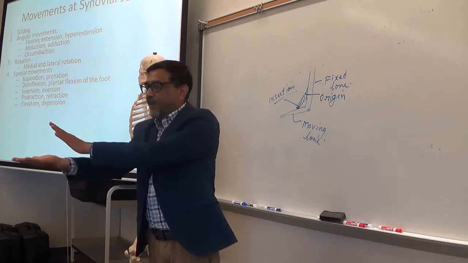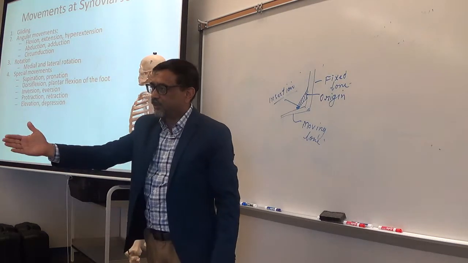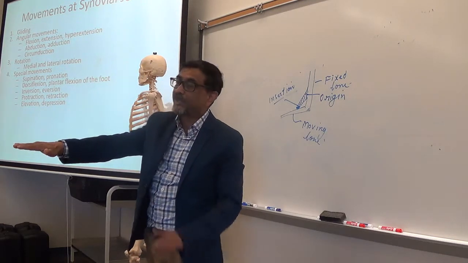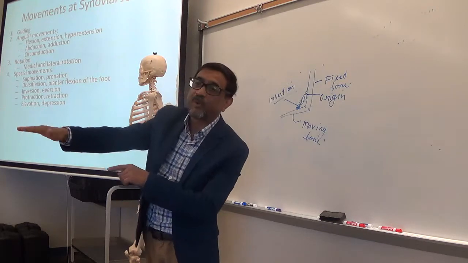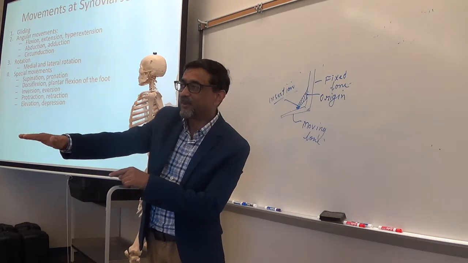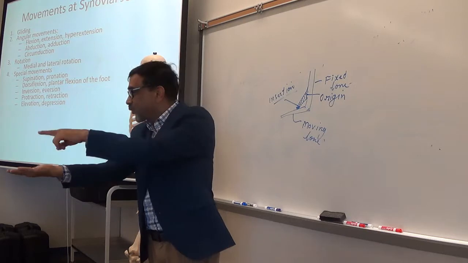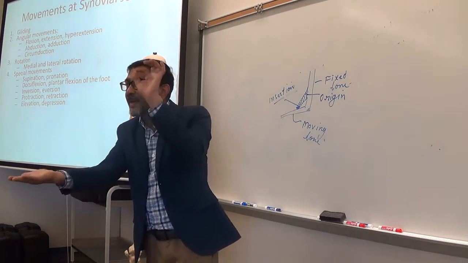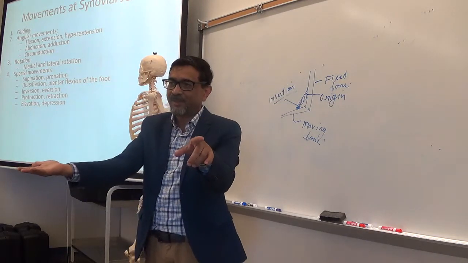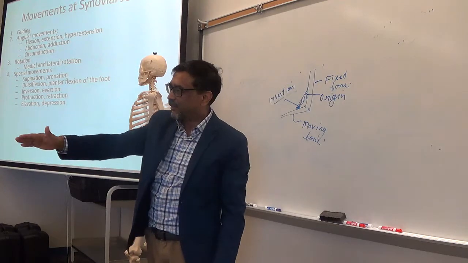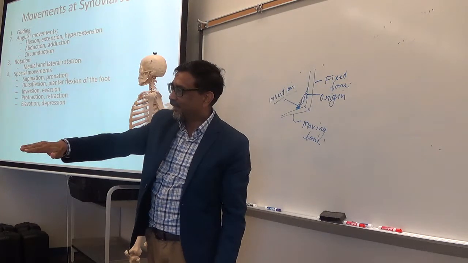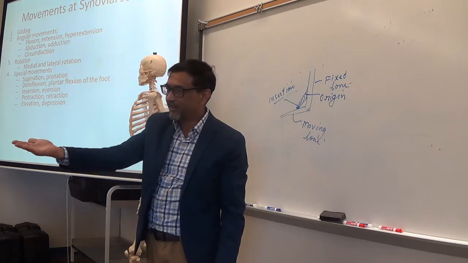And moving from supine to the opposite, that movement is called pronation. Now going back to the supine position, that is called supination, okay? So where we are ending, that is the movement. So this is what? Pronation. And going back to supine, that is supination. Is it clear?